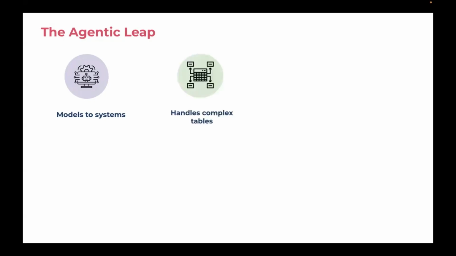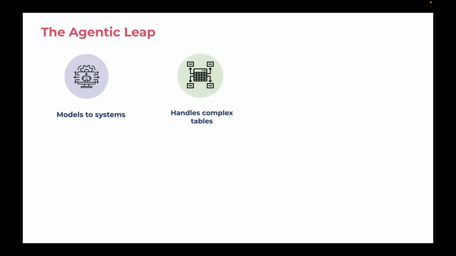As I mentioned, we are seeing the shift from single models to a system of agents today when it comes to handling business operations. And these agents talk to one another while getting work done. This is not just particular to document extraction, but we are seeing agentic AI take over almost all aspects of business operations. When it comes to document extraction, especially tables, as I mentioned earlier, it is able to handle complex tables with far more ease.